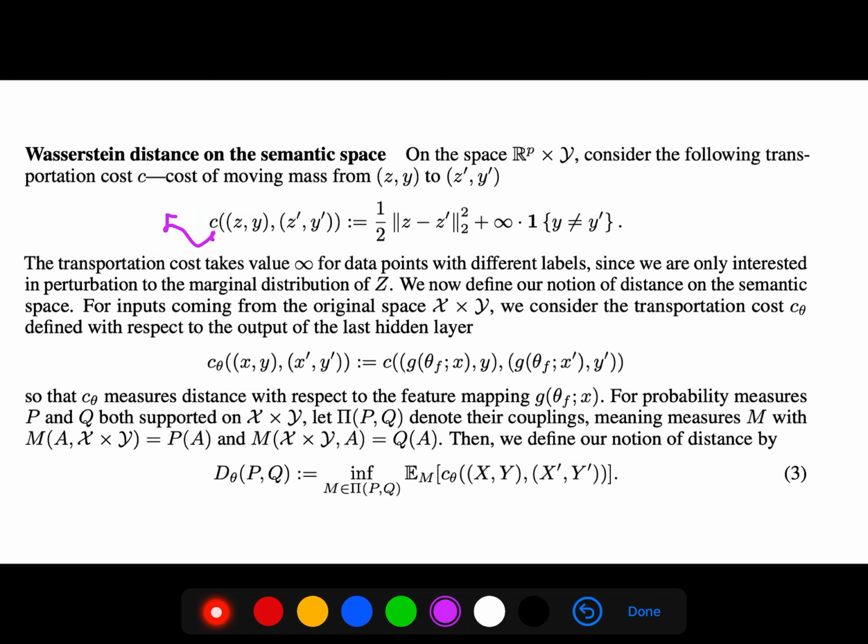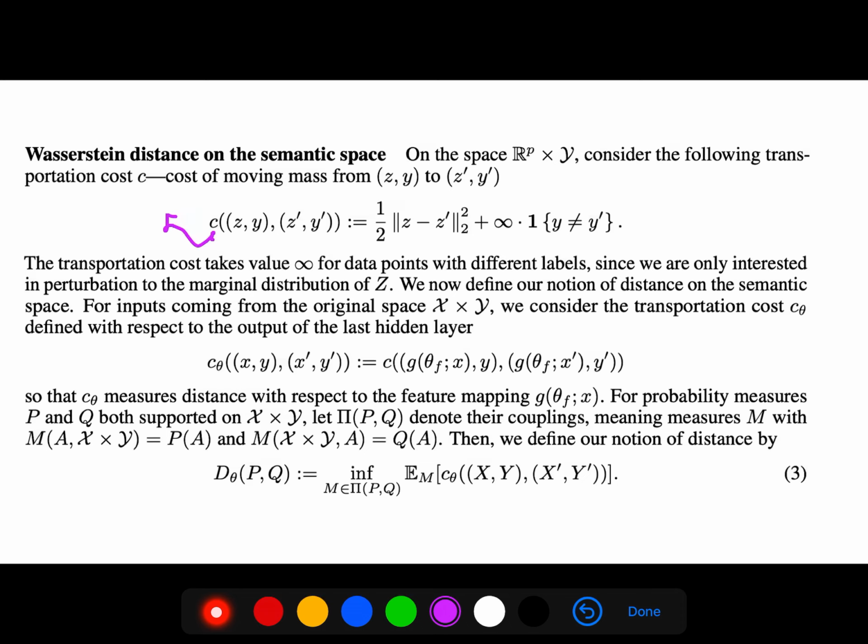You just need to know that we have this transport cost of moving mass from Z and Y to Z prime and Y prime. The transportation cost takes value infinity for data points with different labels. Since we are only interested in perturbation to the marginal distribution of Z, we now define the notion of distance on the semantic space.